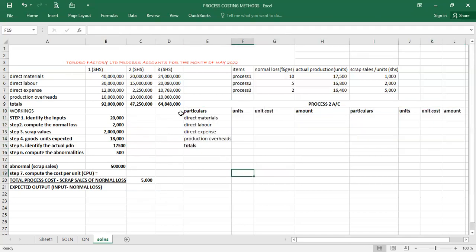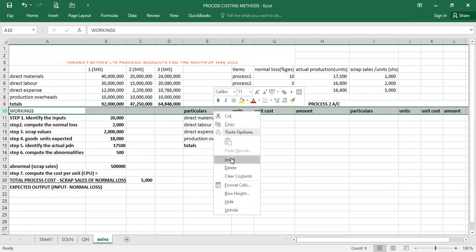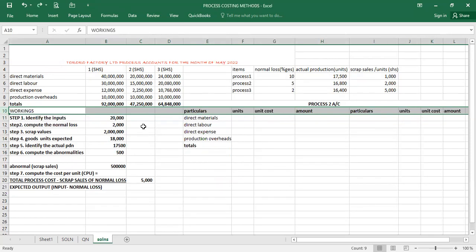We said here we are going to add another account, where we are going to put what we transferred from process one. Let's just insert here. Sorry, we are supposed to insert below. Undo that.